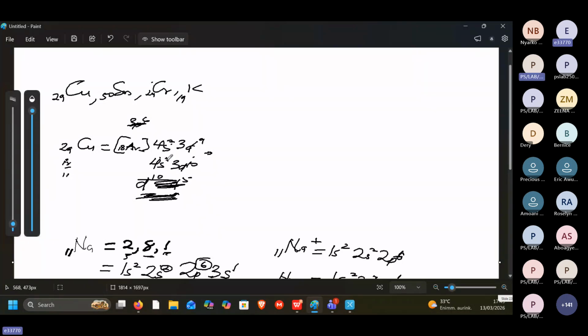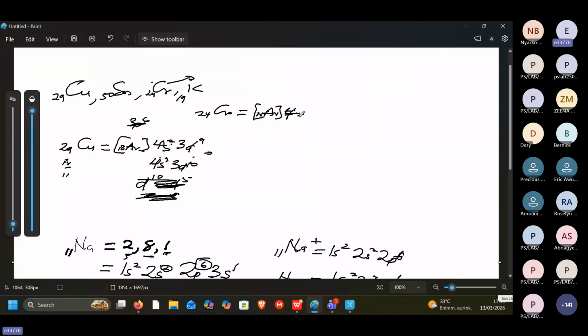It's quite abnormal. For example, chromium, which is number 24, follows argon, and argon is number 18. If I take that, how many are left? 24 minus 18, I'm left with 6, right? Yes, sir.